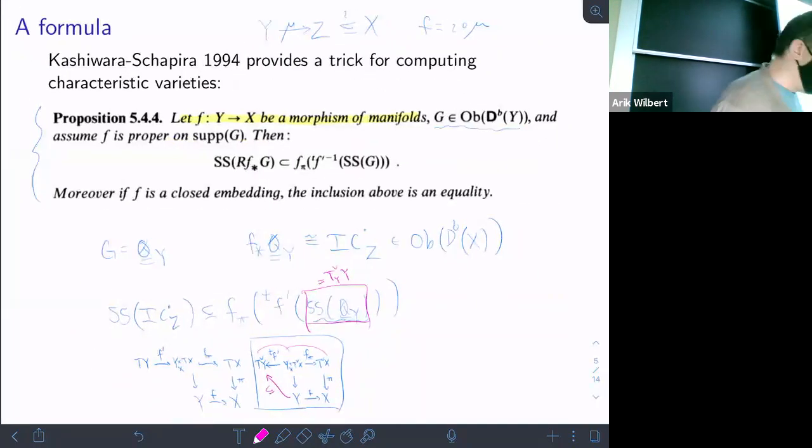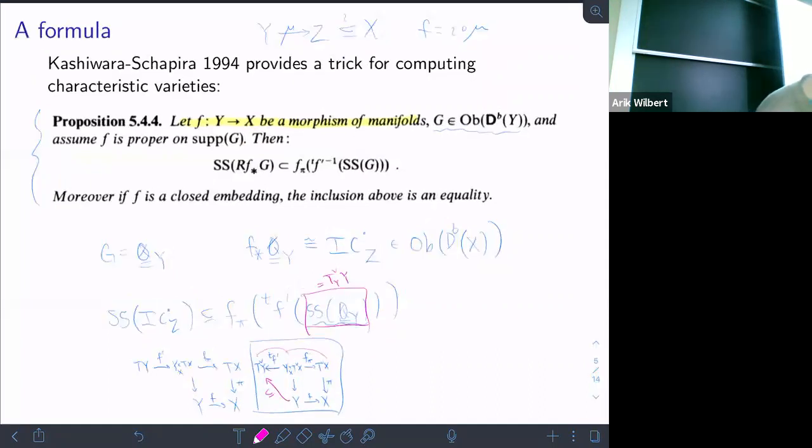That's our main motivation for computing so many small resolutions. What this is saying is you want to find many proper maps to K-orbit closures to find bounds on the characteristic variety. So the singular support of the constant sheaf is the zero section.